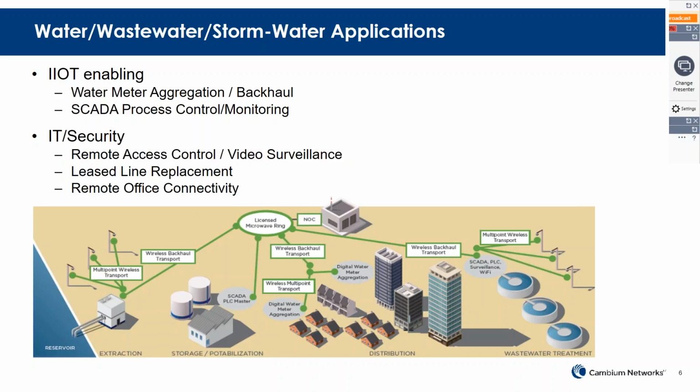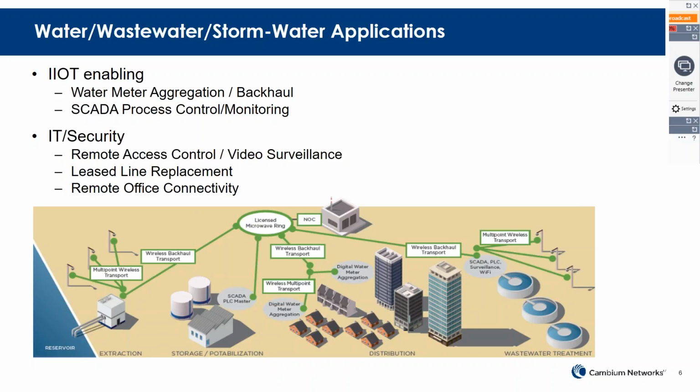Depending on your deployment environment, you may use the cnReach that operates in the sub-gigahertz band. And then once you get all those data, you will use a point-to-point product like either PTP 700 or sometimes even PTP 820, which has a huge capacity.